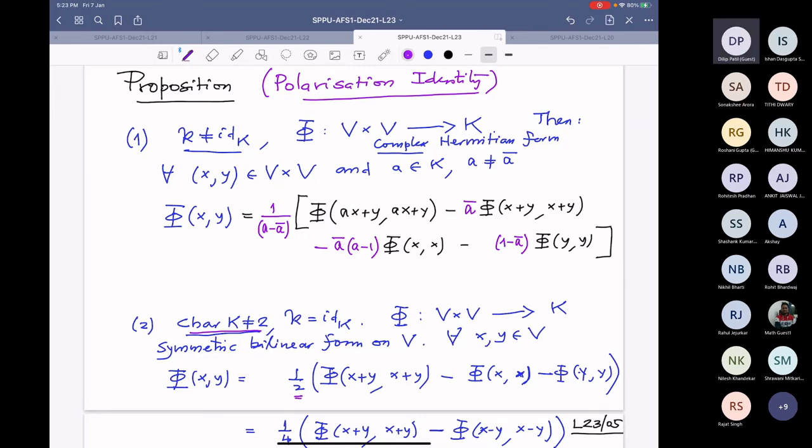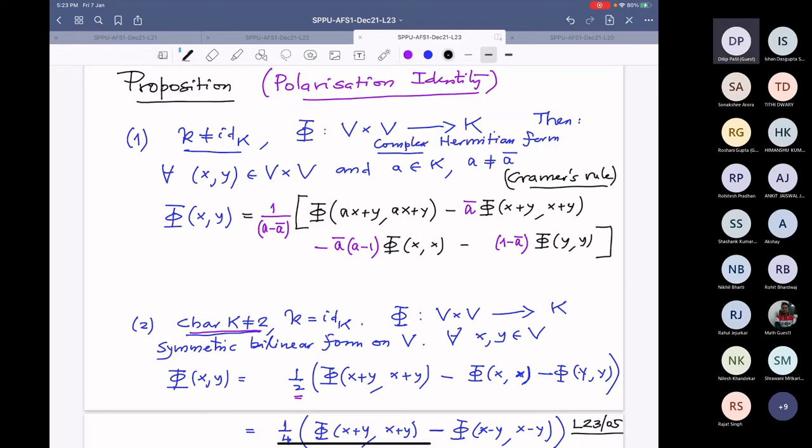We didn't bother about how it came, where it came from, we just blindly checked. So I will just write here the words Cramer's rule. It will help you see that such a thing exists, and then you can find those coefficients and check if it is correct.